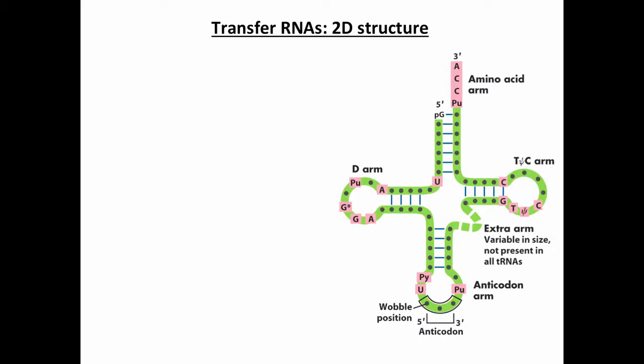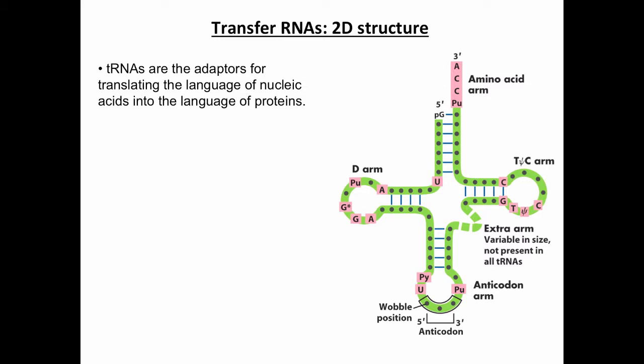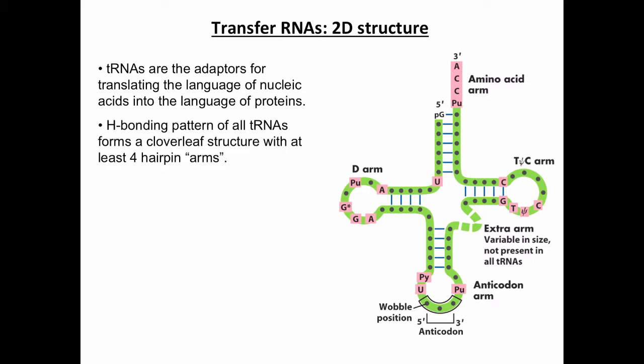So let's first talk about the secondary structure of tRNA. This is showing the base pairing of the secondary structure. tRNAs are sort of the adapters for translating the language that's written in our DNA, a nucleic acid, into the language of a protein as a functional product.